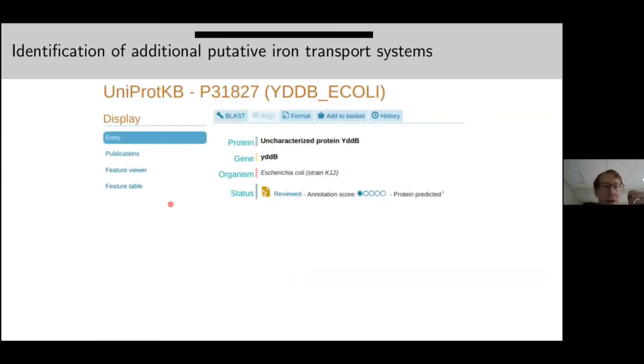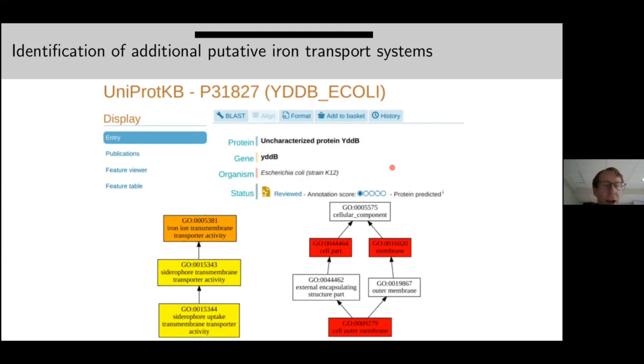Just to show one more example of this, there's a second protein called YDDB that was predicted in our study as a poorly annotated protein involved in pathogenesis. In this case, here again, it's currently listed as an uncharacterized protein. We predicted that it's involved in iron uptake, which is very important during pathogenesis because there's a sort of a war for iron between the immune system of the host and a pathogenic bacterium.